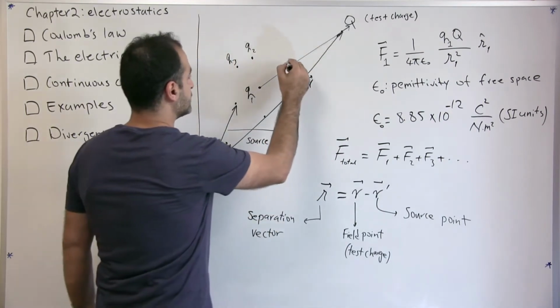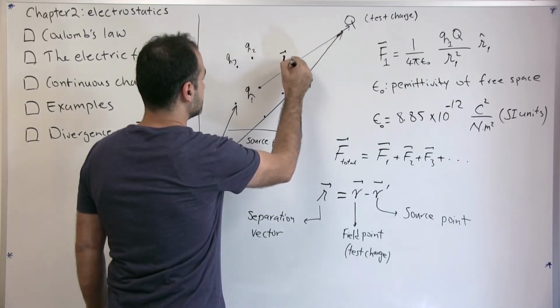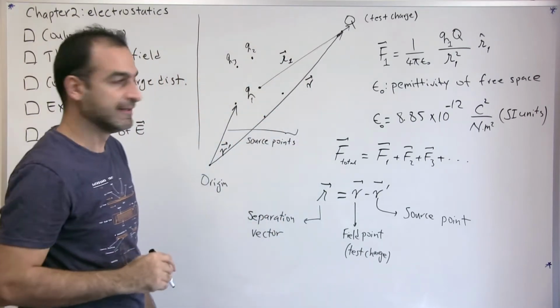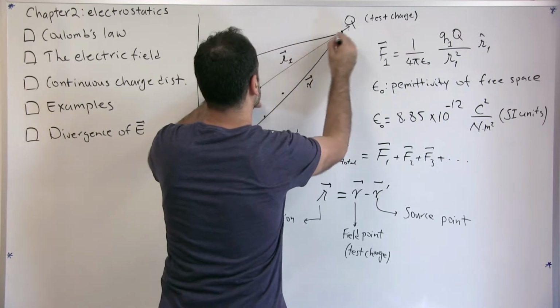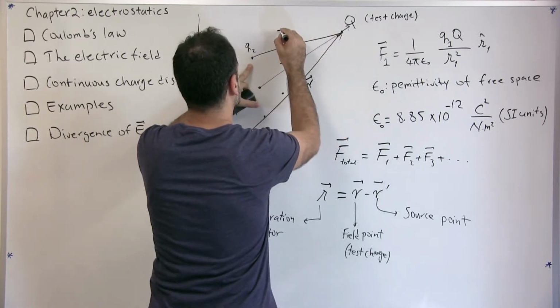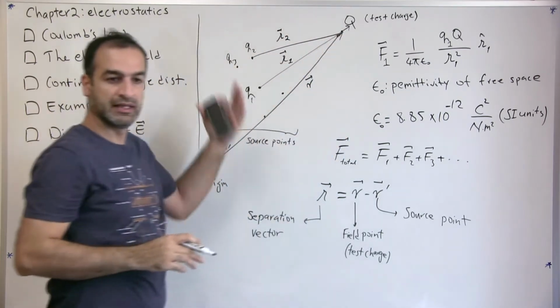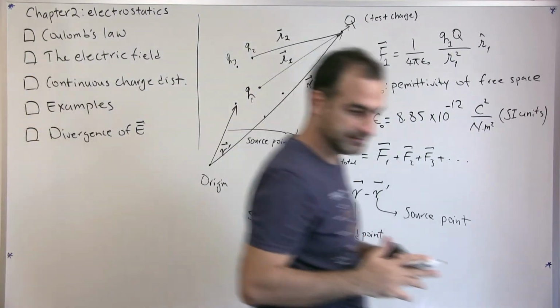So if I want to show it on the board, this is the R1. And from Q2 to Q, this is R2, and so on.